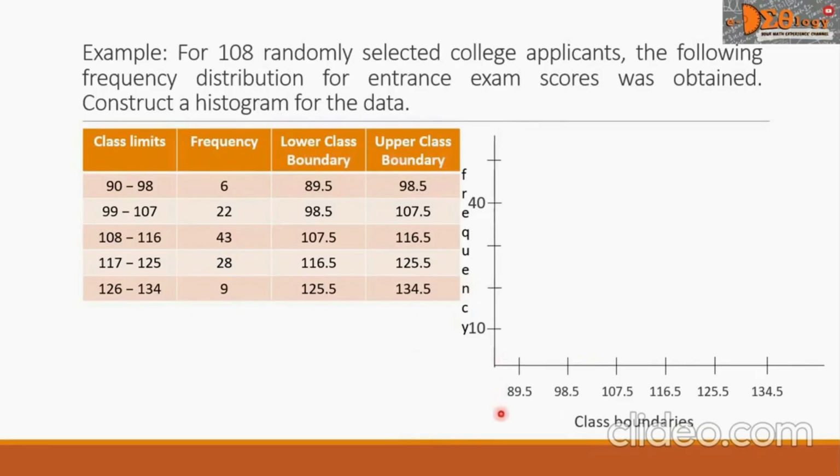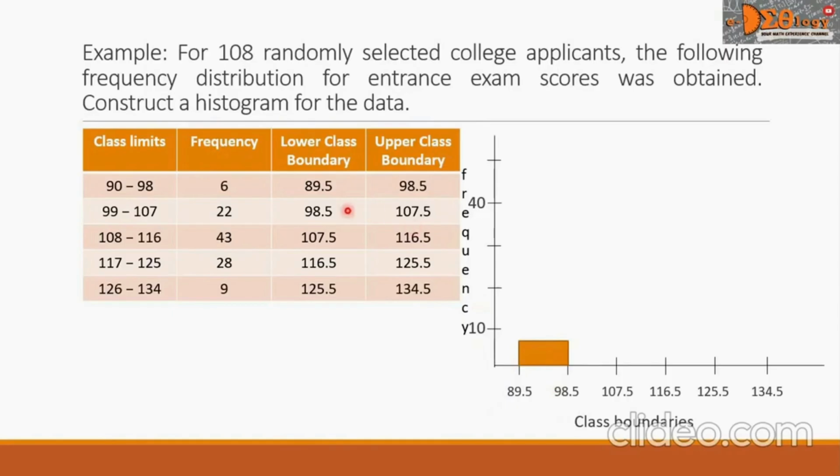So this is from this point up to this point in our horizontal line. So the rectangle corresponding to our first class interval is given here. The width is from 89.5 to 98.5 and the height is up to the level of 6 in the frequency.